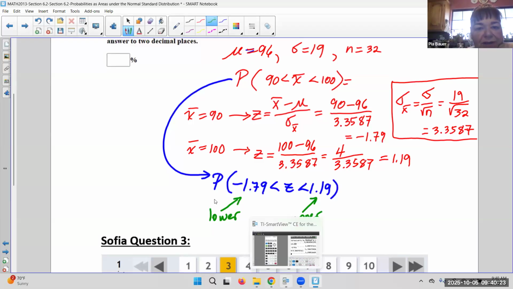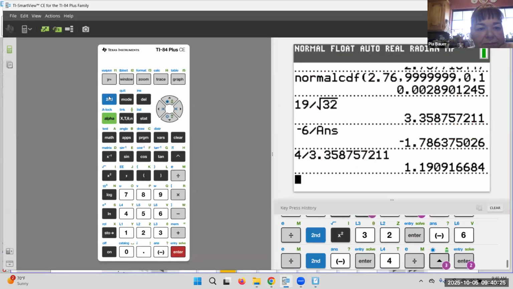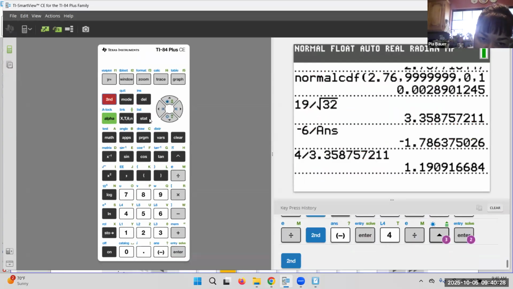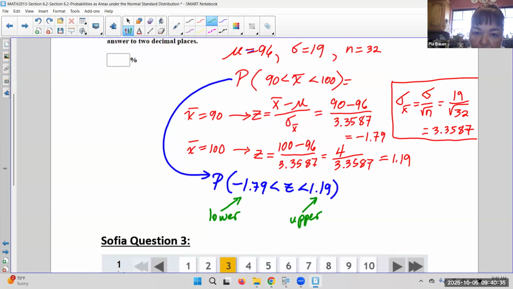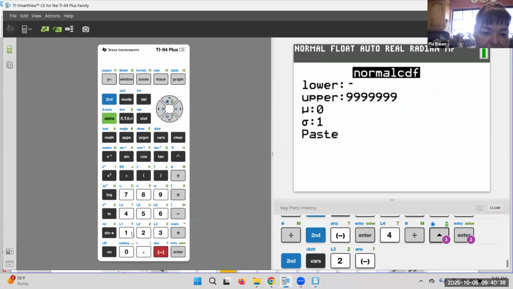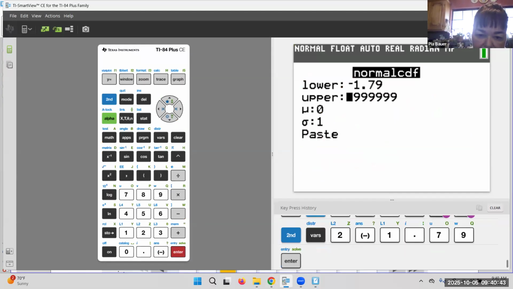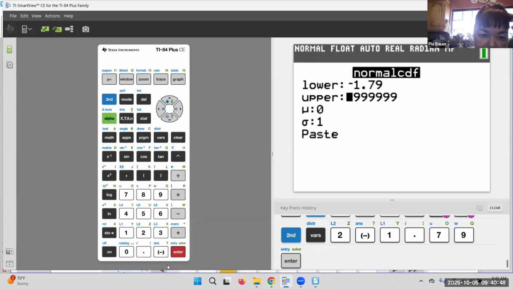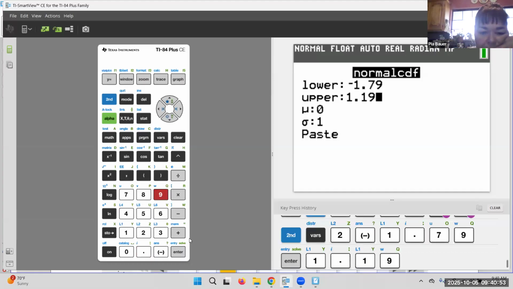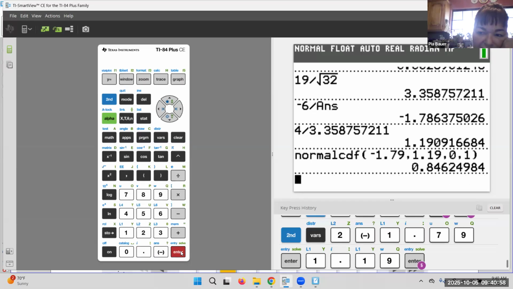So then I go to the calculator, second, bars, option 2. So my lower limit is the -1.79. Press enter. My upper is actually positive 1.19. Press enter, enter, go down to paste, press enter again.